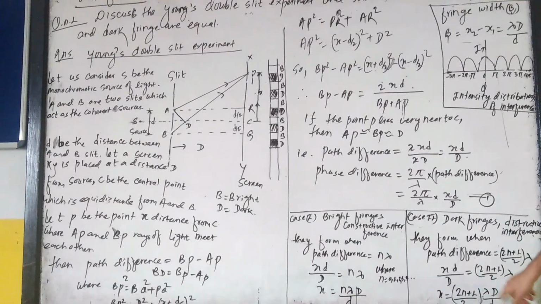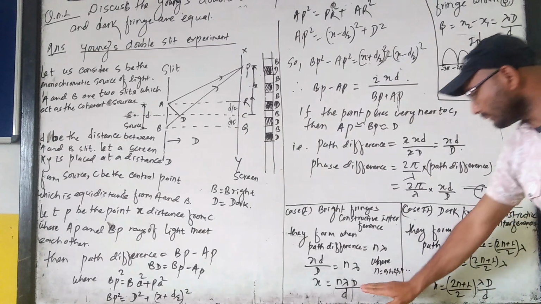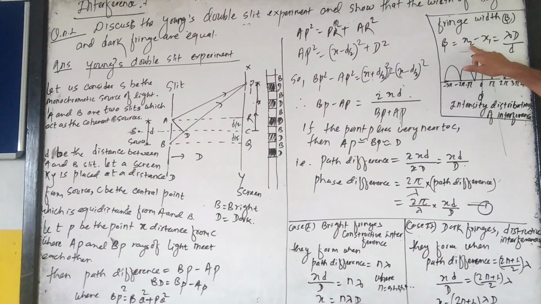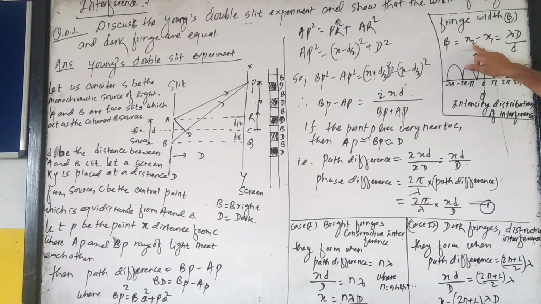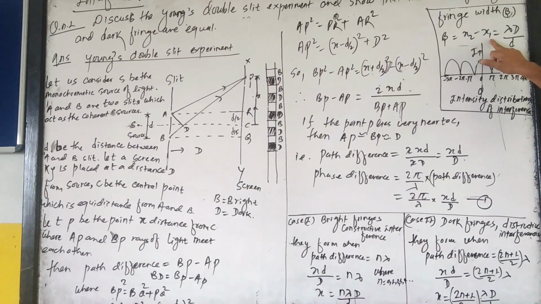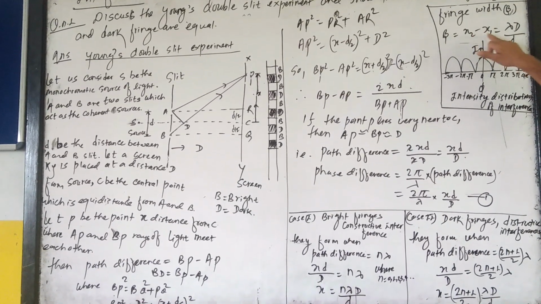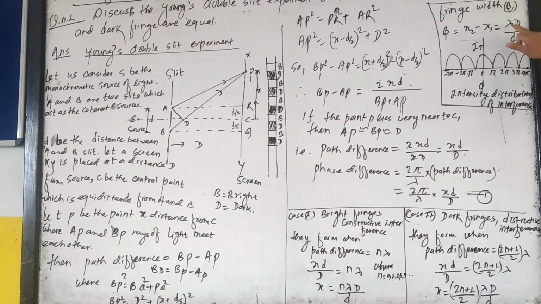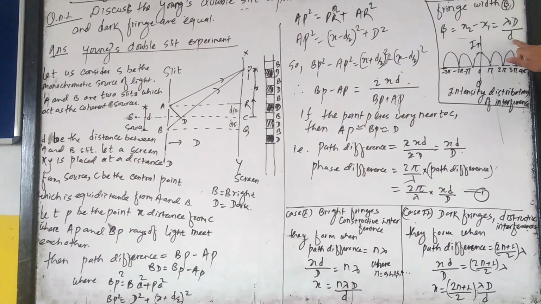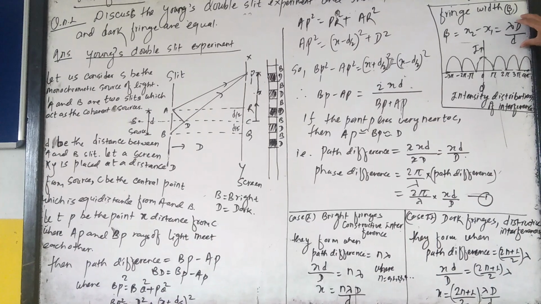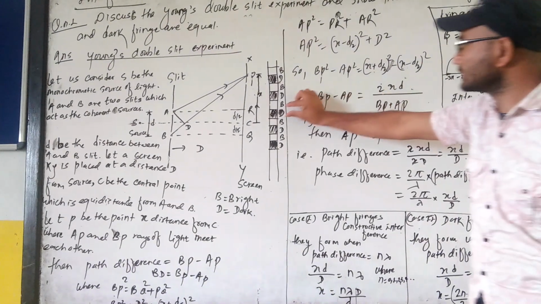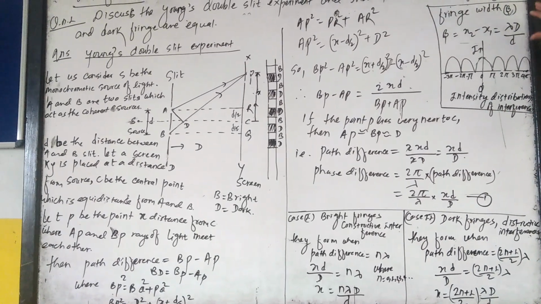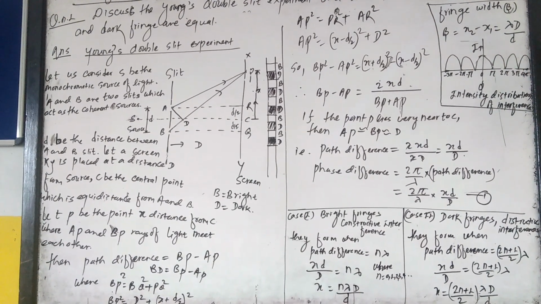Whether you apply it in this formula or that formula, you get the value of x2 by putting n equal to 2 and x1 by putting n equal to 1. When you subtract x2 minus x1, you get lambda D divided by d, and this is the fringe width. Such wide ones are called bands. The dark band, the black patch, and the white patch both have the same width.